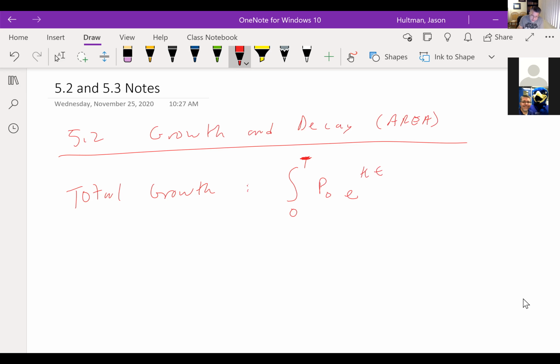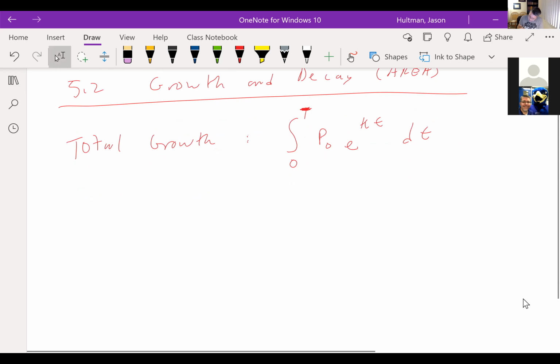And so when I integrate this thing, let's see what we get. We could pull the P naught outside, and I get the integral from 0 to T of e to the kt. Okay, so now everything here is a constant.